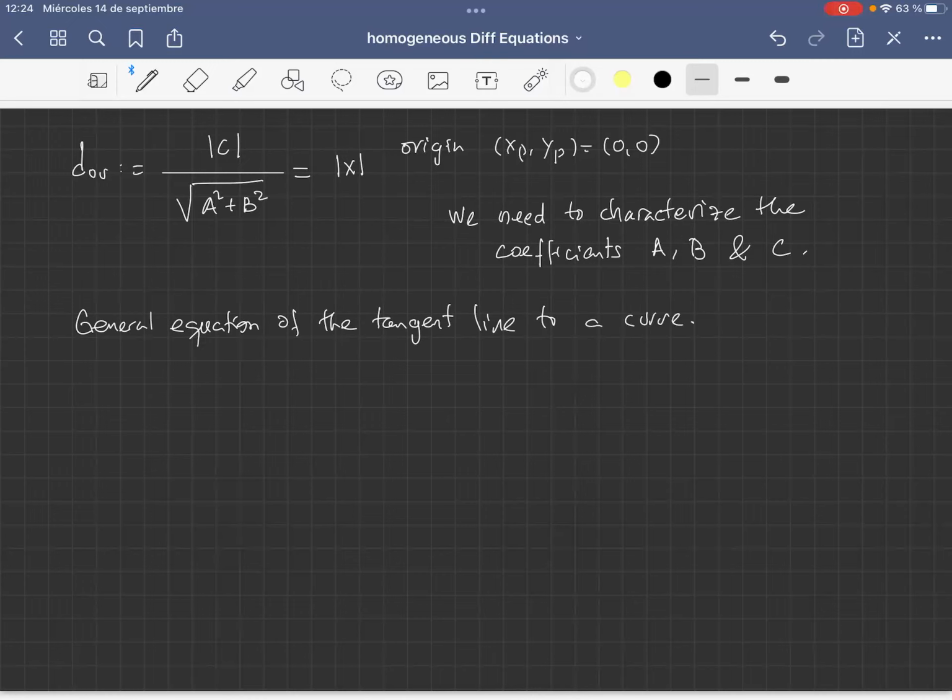The general equation will be the following: y minus whatever the point is that it passes through, let's call it (eta, psi).